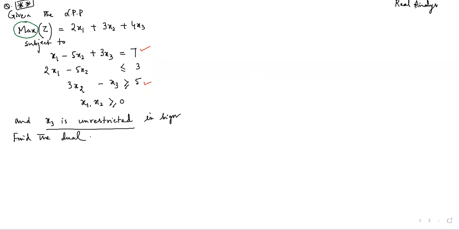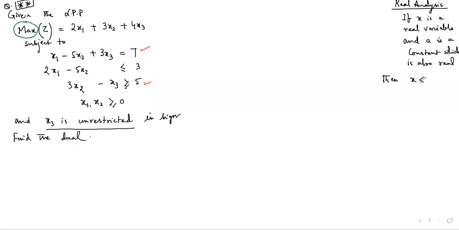that if x is a real variable, and a is a constant which is also real, then x less than or equal to a, and this statement together with x greater than or equal to a, if they together happen, it implies actually x equal to a.